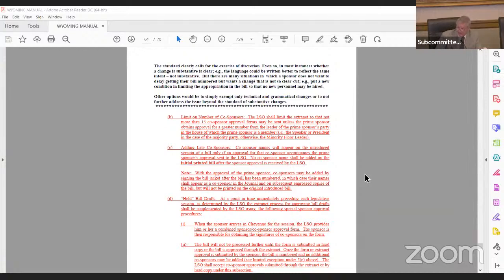Back when they adopted that limitation, Laramie County had 15. The thinking of Management Council was, we'll at least let the whole county delegation co-sponsor it, but we're not going to have LSO send out to 60 just so you can have 30 on there and avoid debate, basically. Thank you, Mr. Gruber. That makes sense. Appreciate it.